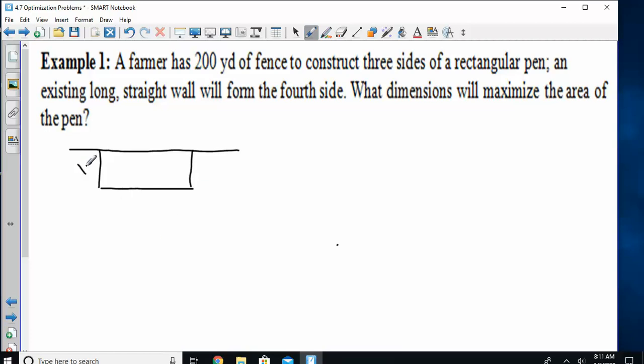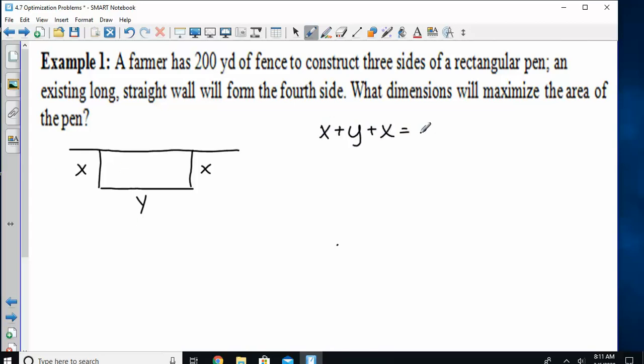Now if you want, you could call these sides x and y. We know for a rectangle, opposite sides are equal. I only have to fence those 3 sides. What do we know about that? How much fence do we have? 200. So probably the biggest fence we could make would utilize all 200 yards. So what I could do is add these up. 200 is like your perimeter.